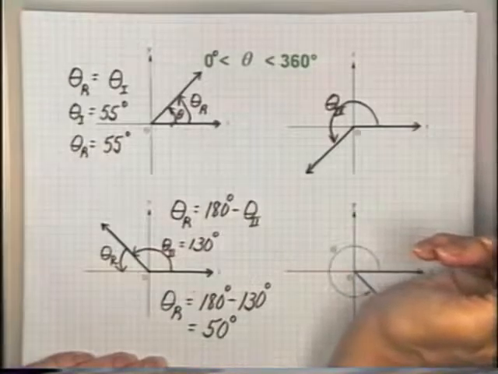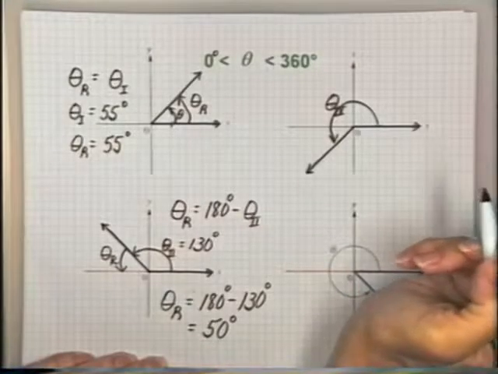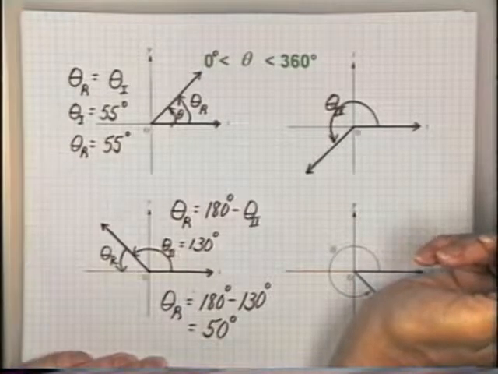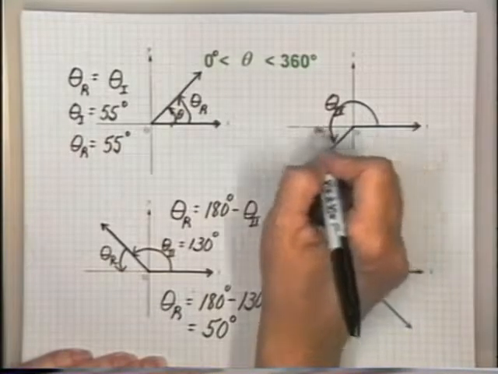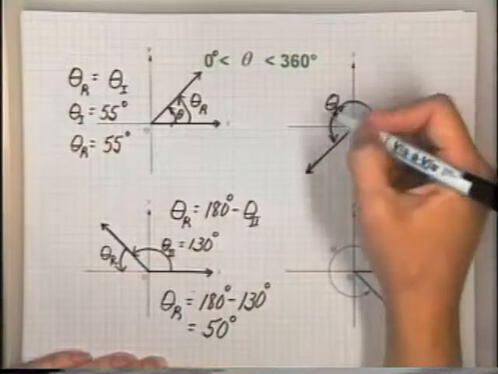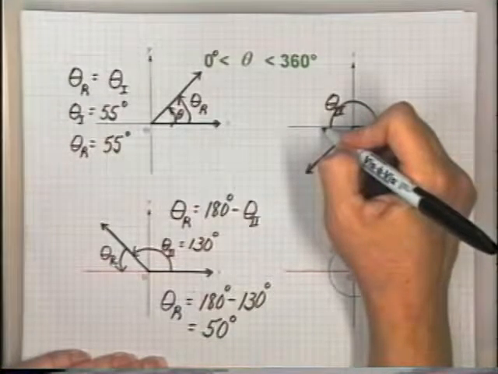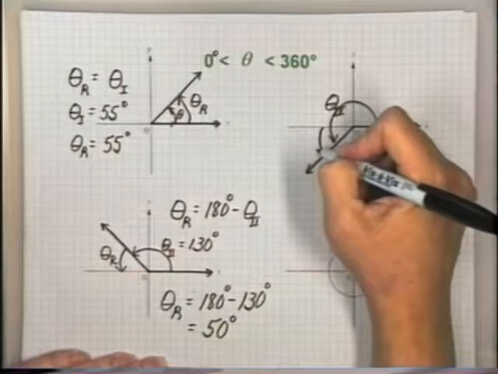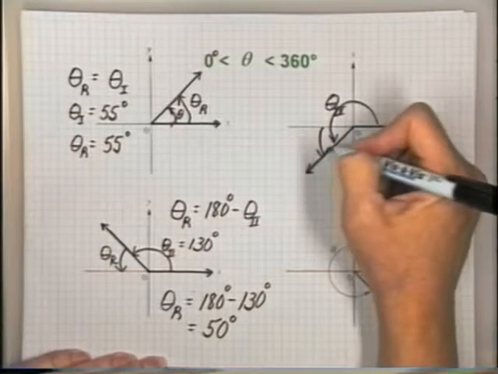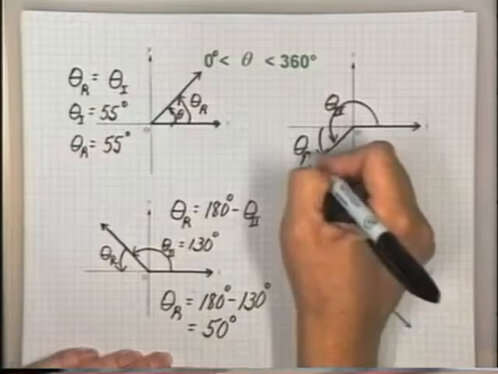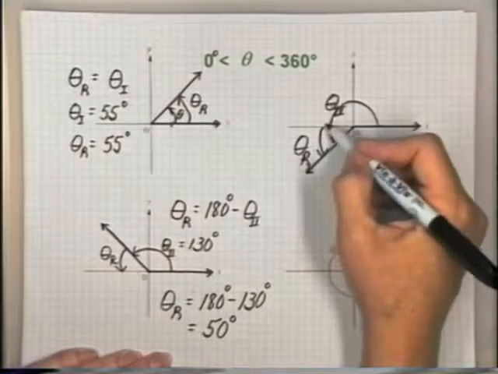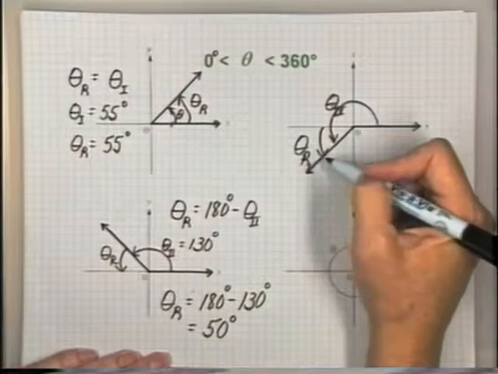Now, for my reference angle, it's the positive angle between the terminal side and the closest x-axis. In this case, the closest x-axis is the negative x-axis. Positive means that it has to go in a counterclockwise direction. So my reference angle would be the measure of this angle right here.